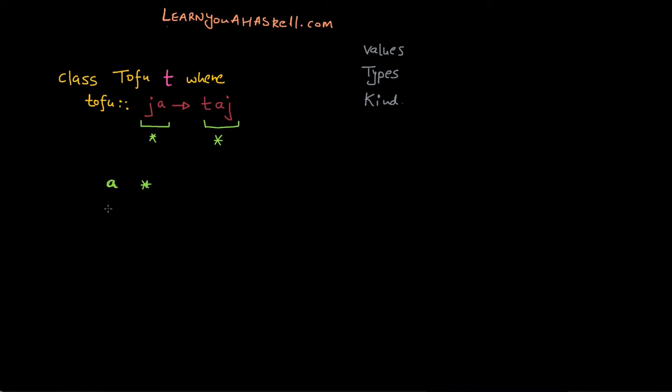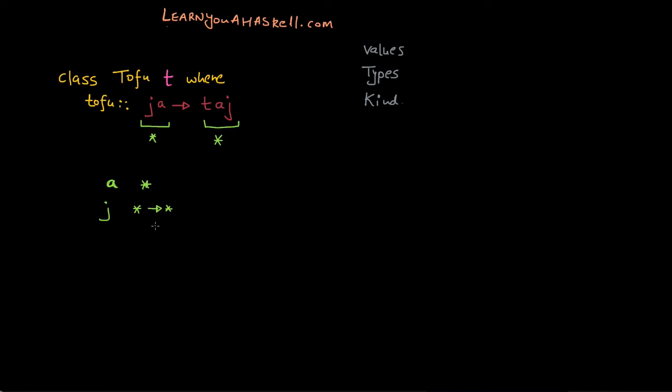If a is a concrete type, then the kind for j is something that takes in a concrete type. j takes in as an input a concrete type and gives you back an entire new concrete type. So it's acting as a type constructor, a special function that takes in a concrete type as an input and gives you back another concrete type as an output. And that's basically what j is.